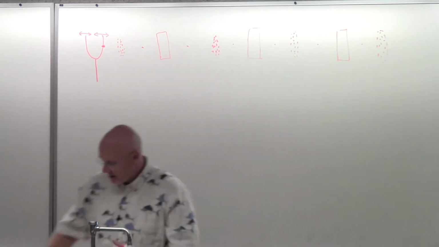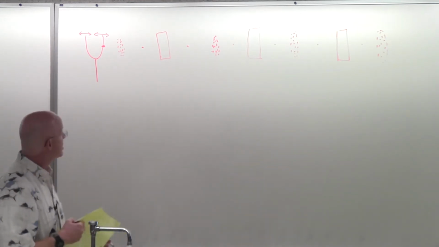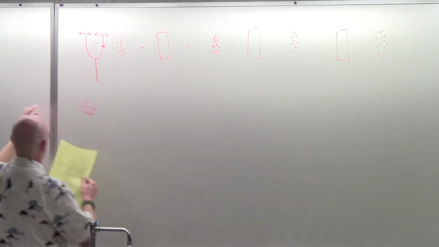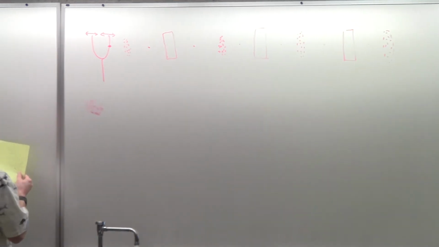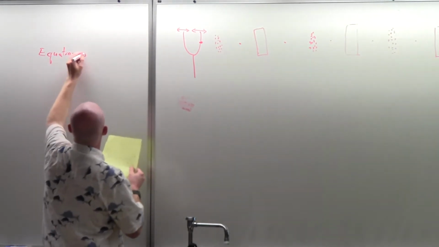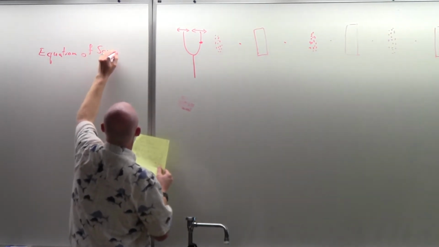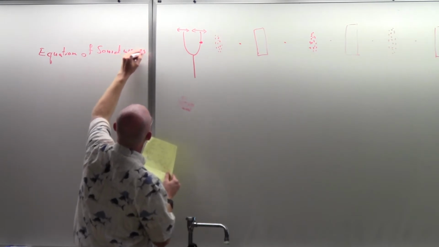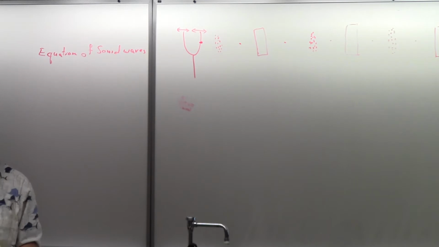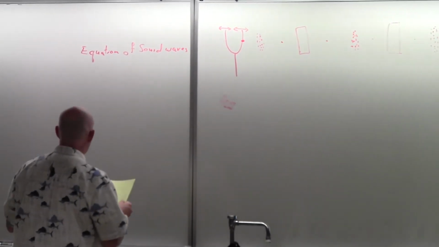Now I say all that because that really gives us two ways to describe a wave here. Maybe I better put a title over here and say, what would be the equation of these sound waves? We did the equation for waves in the last chapter, so this isn't supposed to be a hard exercise, but it is this question.